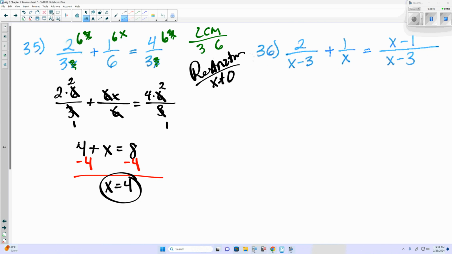I did do this one in the full video twice. I did it once where we did 3x and 6, multiplied through everything, and this here. You'll get to the same spot, but the only main difference is here, instead of it being 4 plus x equals 8, I believe we get x plus 2x equals 16, because 6 over 3, 6 divided by 3 is 2.